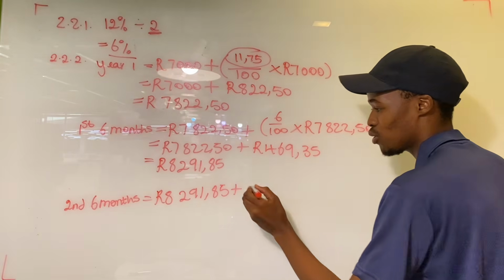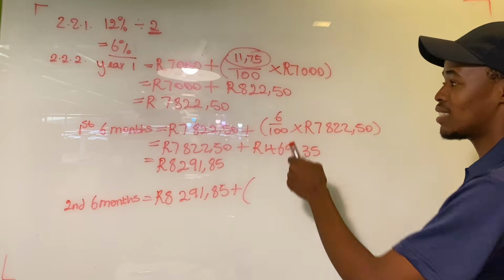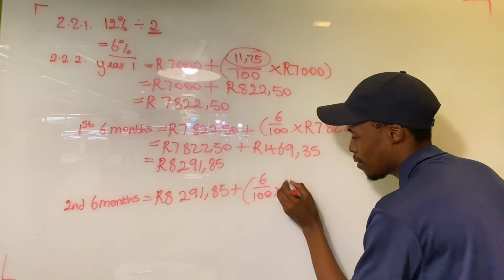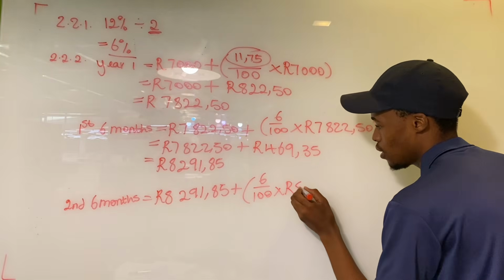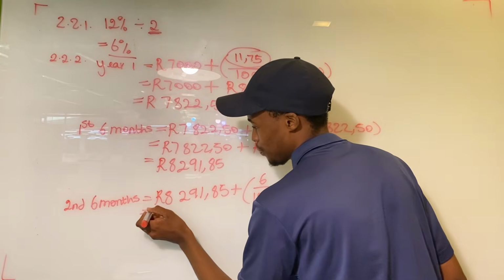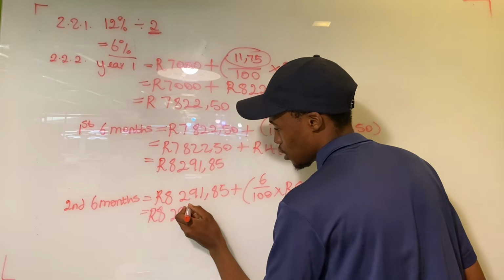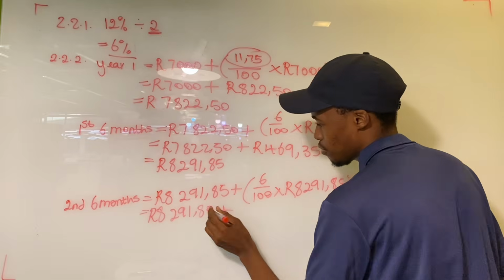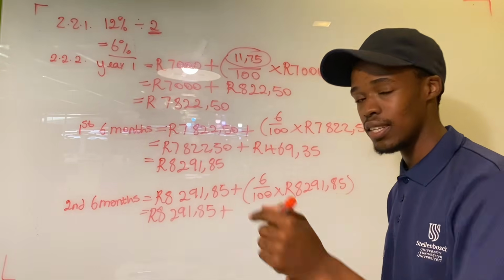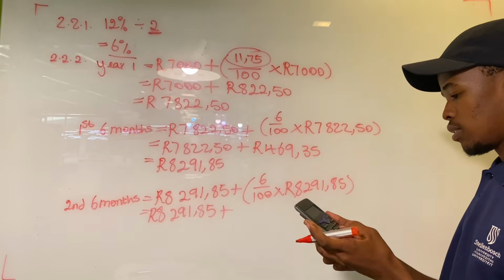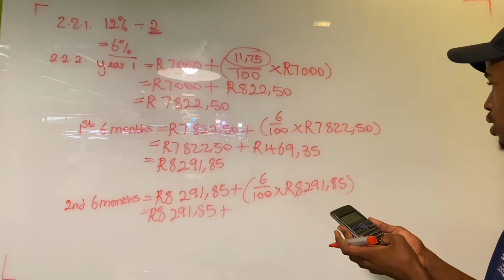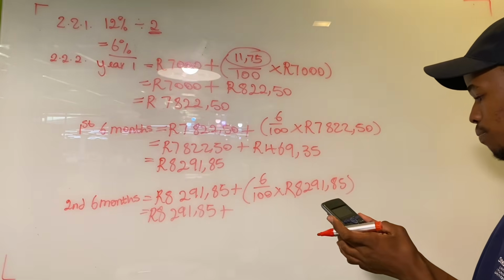Now we're calculating the interest, right? Remember the interest rate is 6%. So 6 over 100 multiplied by this very same amount, 8,291.85, plus now we calculate the interest for the second 6 months of the year. 6 over 100 multiplied by 8,291.85.